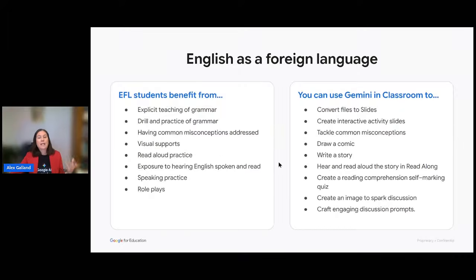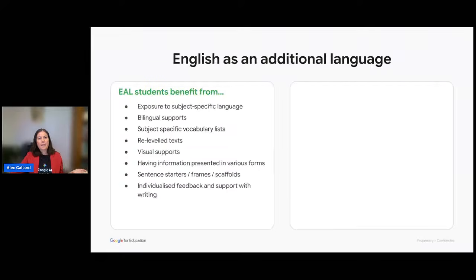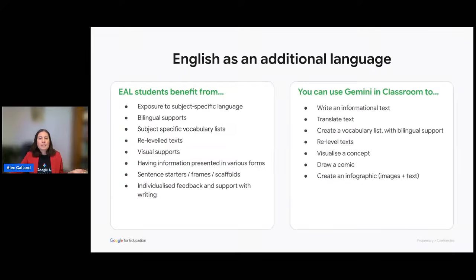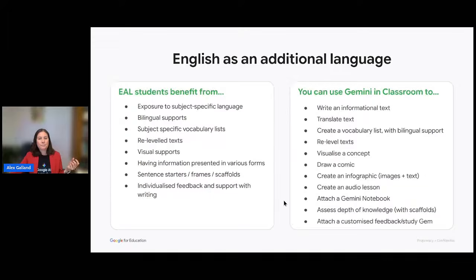We can create images and role play prompts in Gemini in Classroom. And then in terms of our EAL students, we can do all of these things, write texts and then do things like translate them, create vocab lists, visualize some of that information for them too, and then give students an opportunity to have information presented in those various forms.